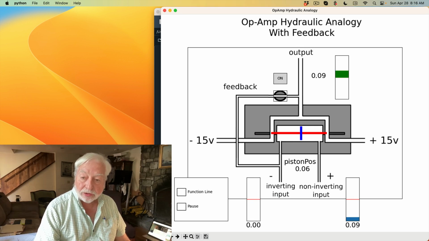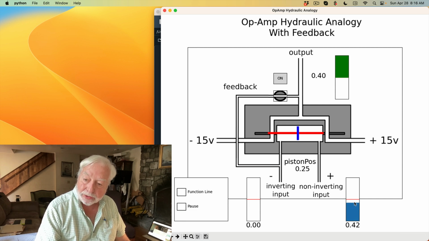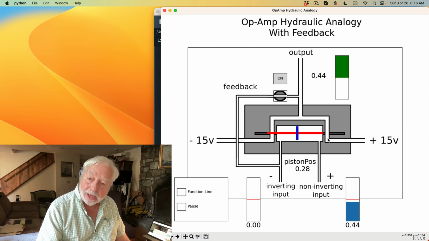Now let's take a closer look at what's going on here. If I increase the non-inverting input, the increased pressure pushes the piston to the left. But as it does so, it also opens up the valve to the positive power input here.